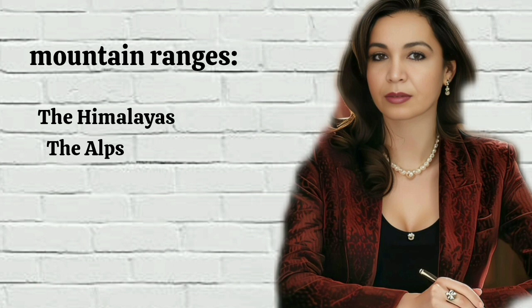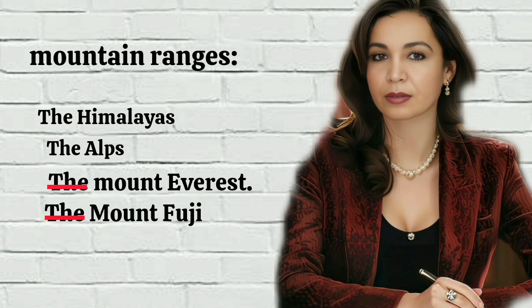So we say the Himalayas, the Alps, right? However, a single mountain like Mount Everest is used without an article. A single mountain, no article. A group of mountains, use the.